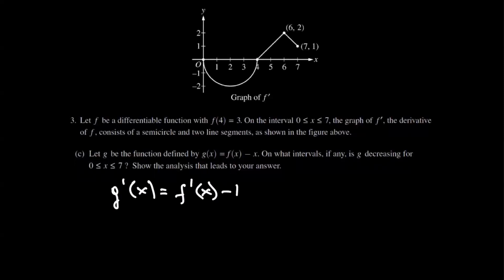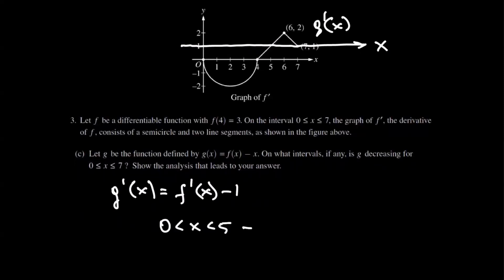So really the graph of this function will be the graph that we see, only as if it shifted down by 1, as if this is our new x-axis. This will be the g prime of x. And so we see that g is decreasing on the interval where this derivative is less than 0, or on the interval between 0 and 5. G of x is decreasing.